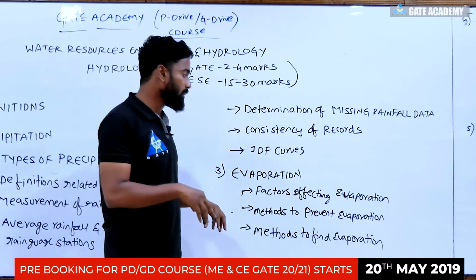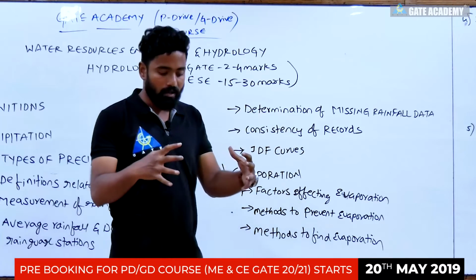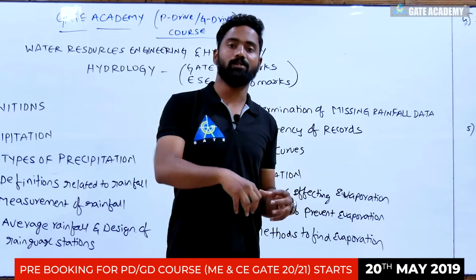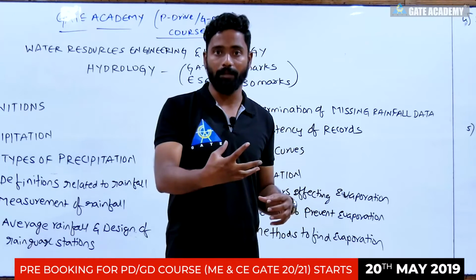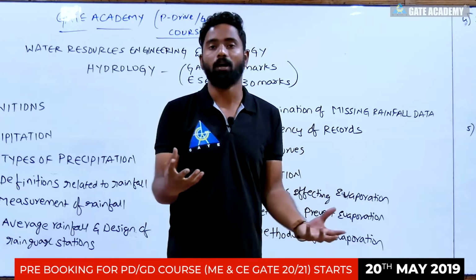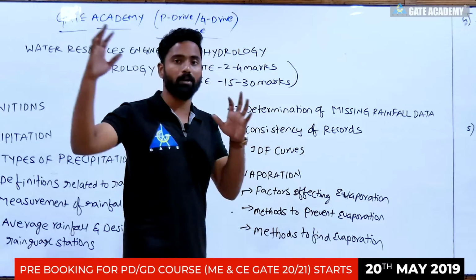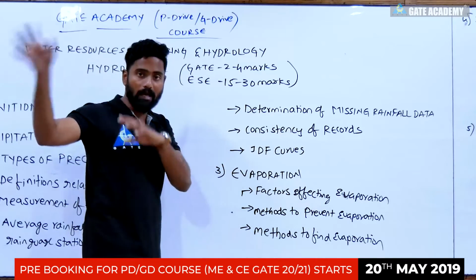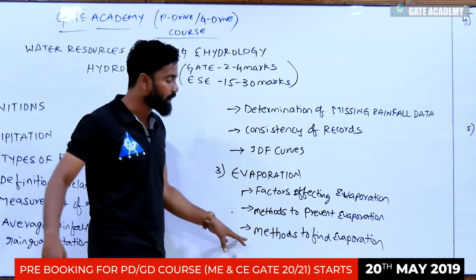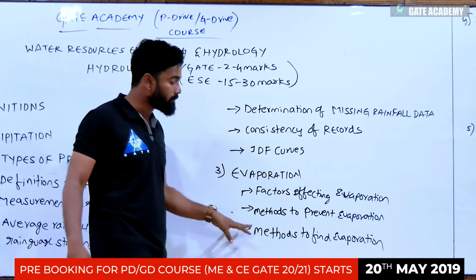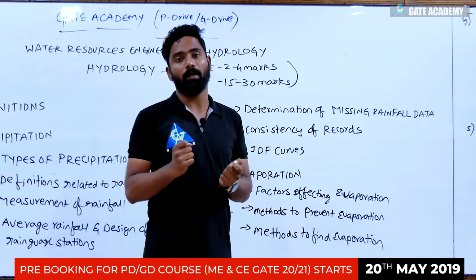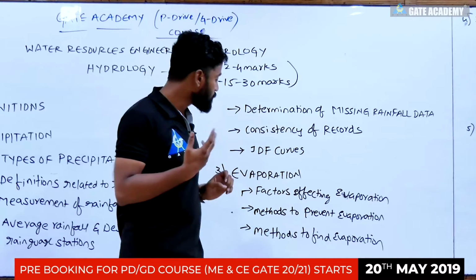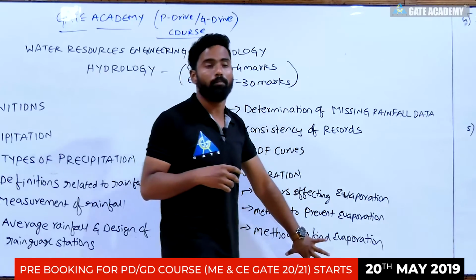In a lake, in still water, you place a pan and see how much water is evaporating, and you use some coefficient to find the actual evaporation in the actual river or lake. There is also one empirical method, a formula based on Dalton's law, that can also be used to find evaporation.